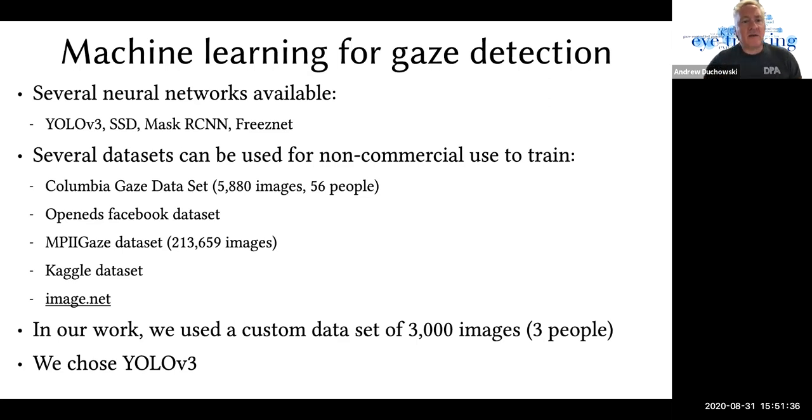From these, he found eventually, he says in the paper, that you couldn't quite use these. Some of them are maybe only for medical applications or things like that. So here he used a custom dataset of 3,000 images from 3 people, and he chose the YOLO v3 machine learning approach.